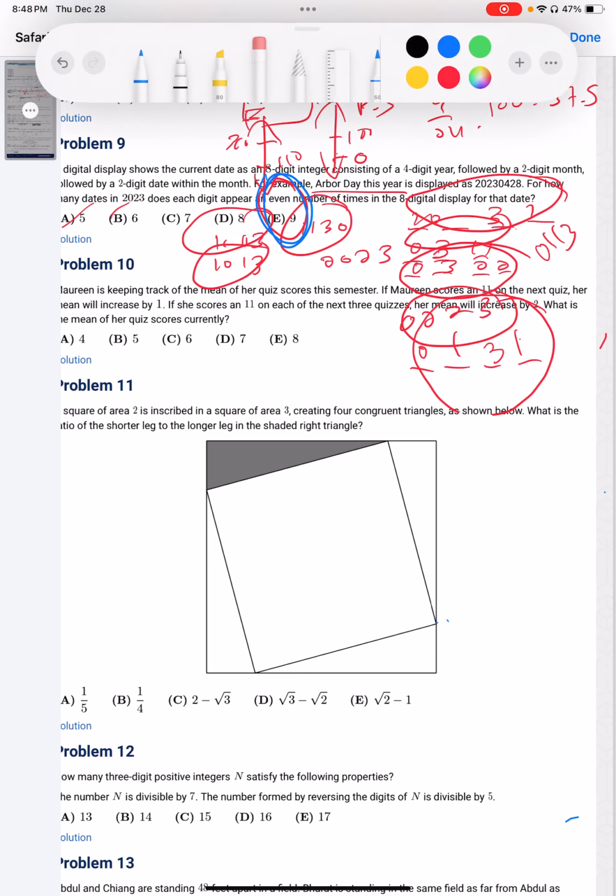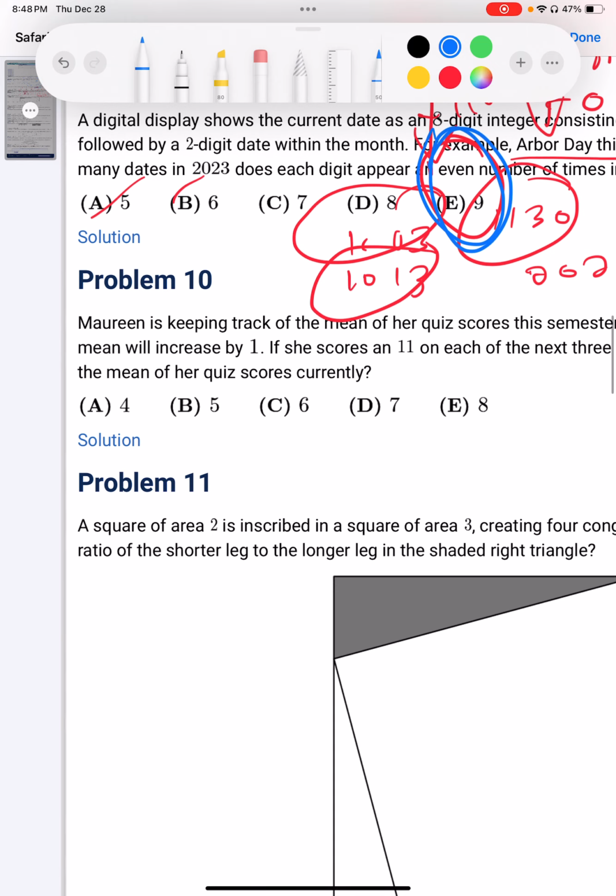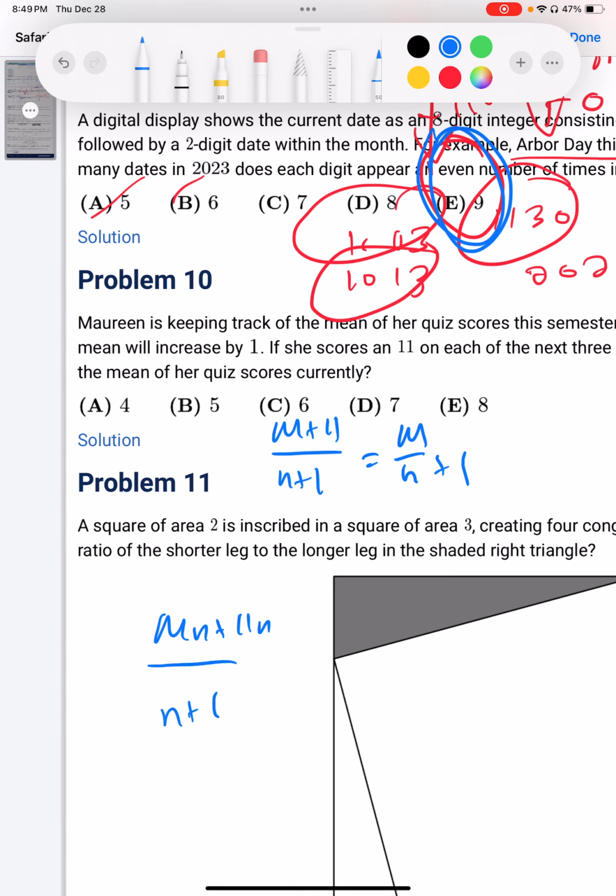Let's do it. Okay. A plus m minus 1 to m times n, so mn plus 11n over n plus 1 equals m.